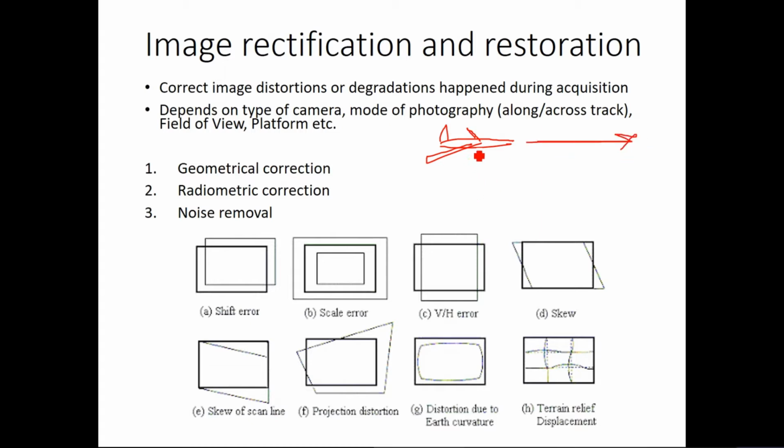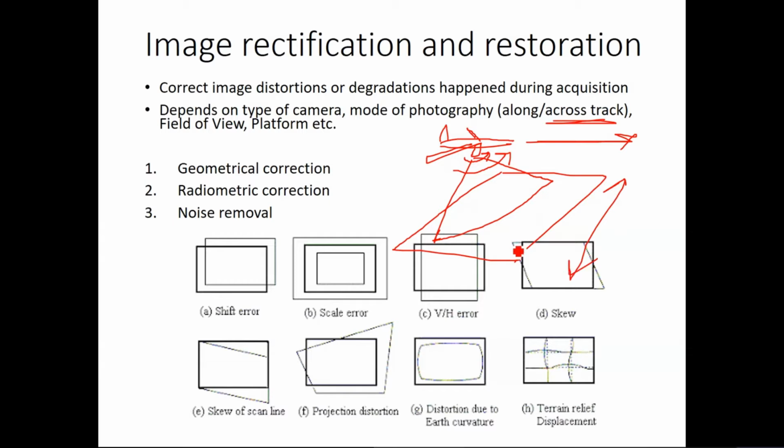There is a camera here which takes the photo. This camera pans the area in this direction, so the photo that is taken is something like this. The camera moves back and forth, and it keeps on taking photos. So this is cross track, across the track. This is how the photo is taken when the flight direction is like this.